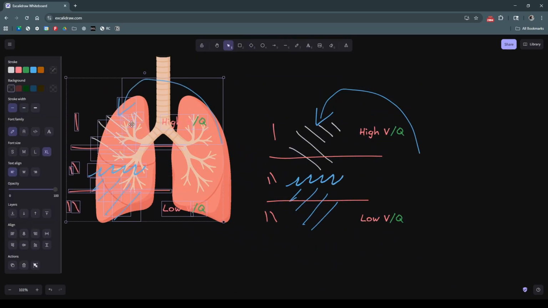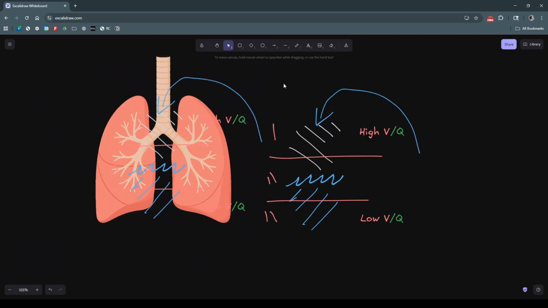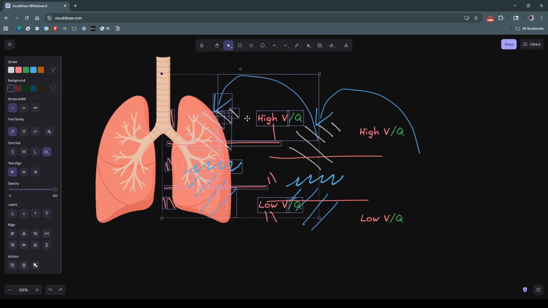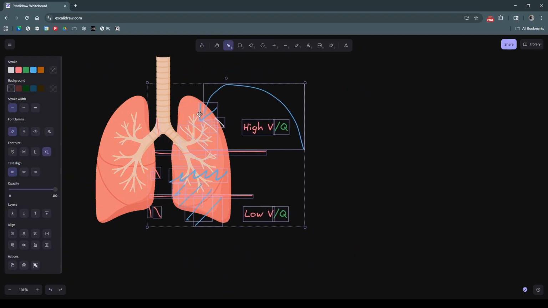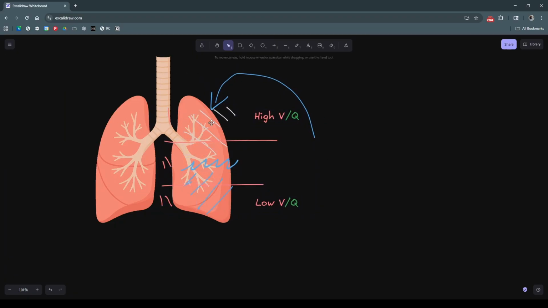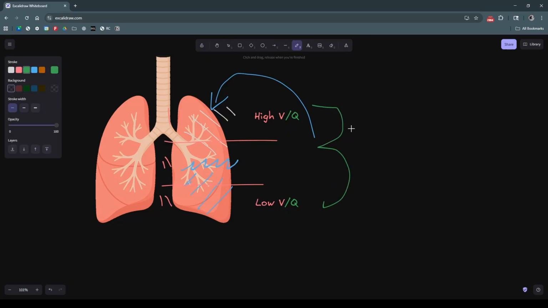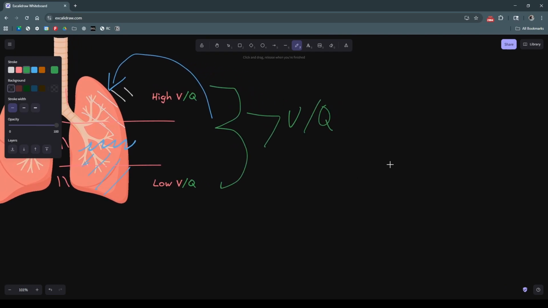Or if I were to just bring this over here, it's obviously much harder to see now. But the idea is the same, where we've got zones where there's higher ventilation and zones where there's lower ventilation. And that's a pretty normal process, because all of this works together to create our VQ ratio, which is a normal and physiological process.